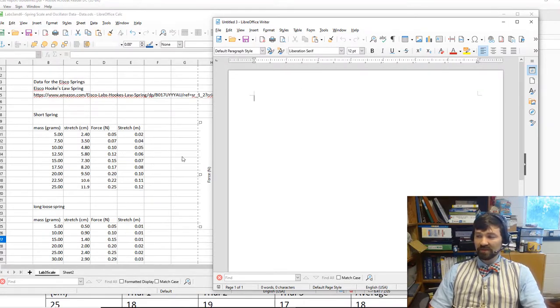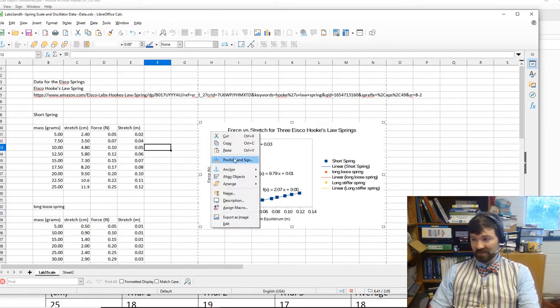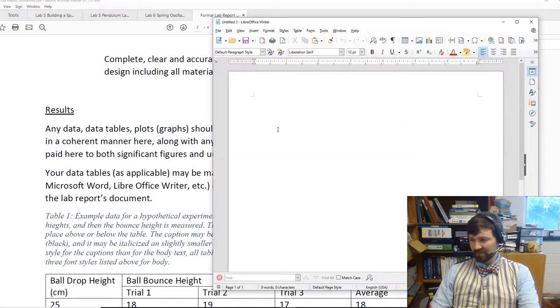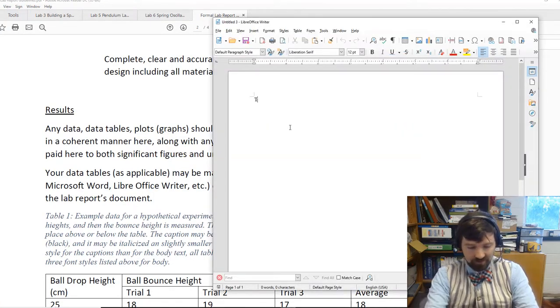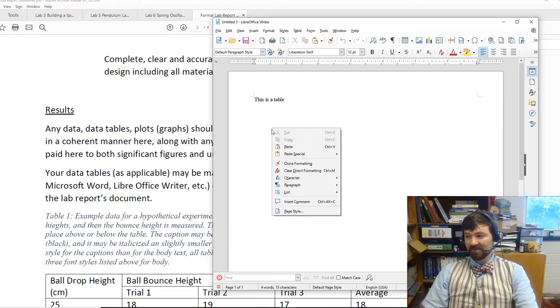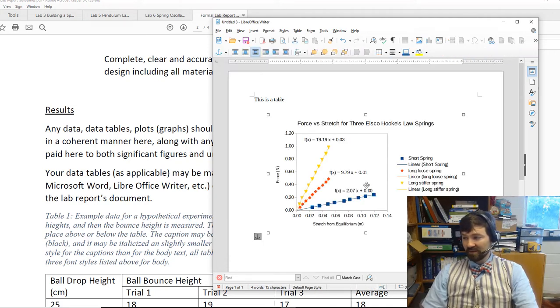If I wanted to put in a table, I can actually copy the table. So copy, and then come over into my Word document, and this is a table. Like, you should have something other than just this is a table, and then paste it in here like so. And I've pasted my table.